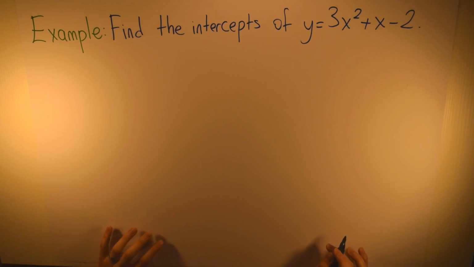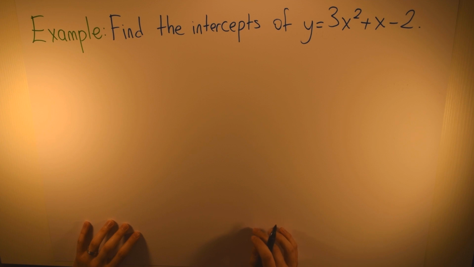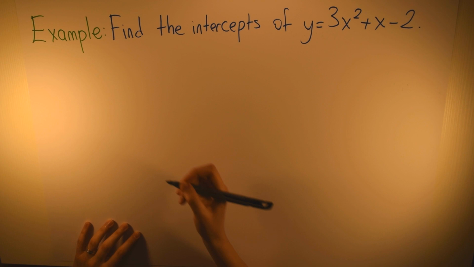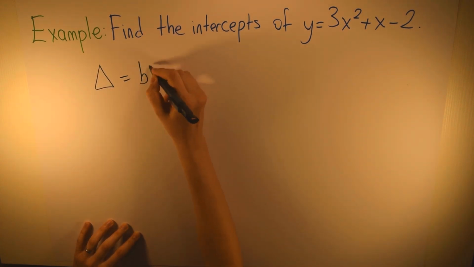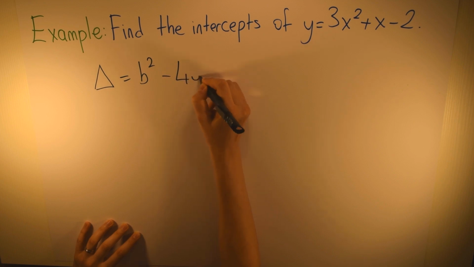Okay, let's look at this example. Here we have: find the intercepts of y is equal to 3x squared plus x minus 2. So first we will look at our value of discriminant, and after that we will see how many x-intercepts we have, and after that we will find the y-intercept and x-intercepts. So let's do that. Our discriminant value is equal to b squared minus 4ac, right?